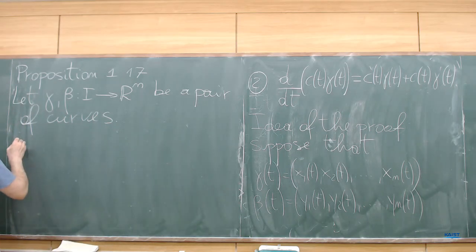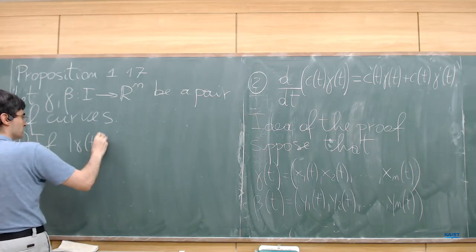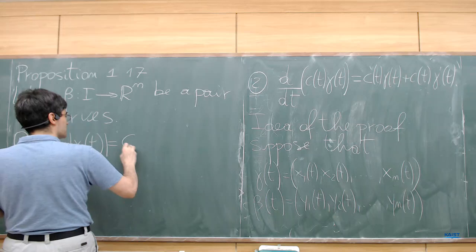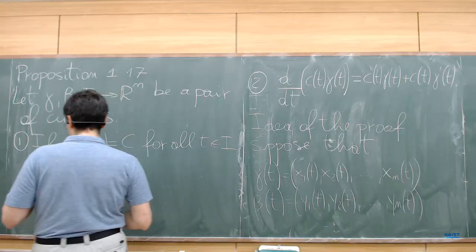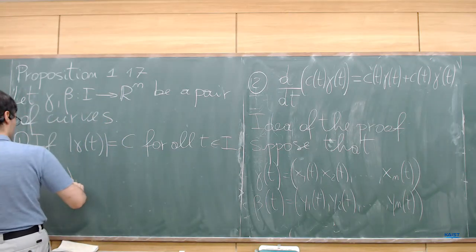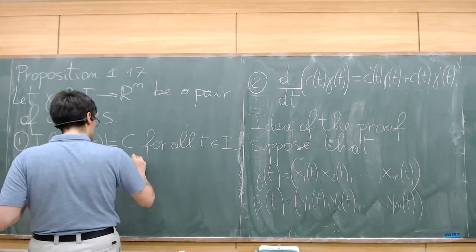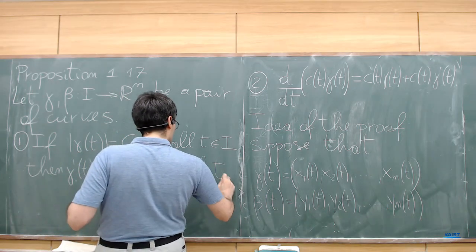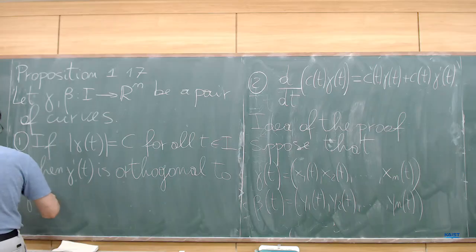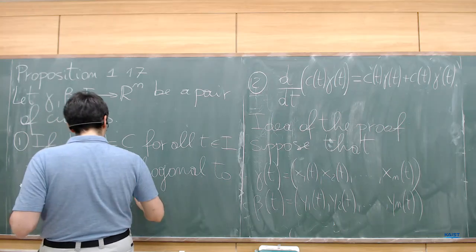Then we have the following two properties. One, if the length of gamma is a constant for all t in I, then gamma prime of t is orthogonal to gamma t for all t in I.